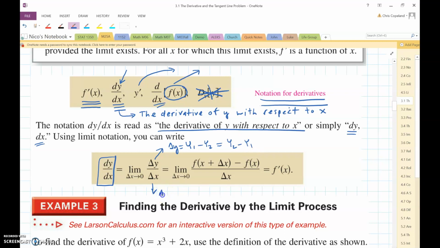Delta x is x1 minus x2, or x2 minus x1. So you can see here, this is just the slope formula. And then here, this is just the slope of the secant line, which again is another way to write the slope formula. When you take the limit of the secant line as delta x goes to 0, you're going to get the derivative.